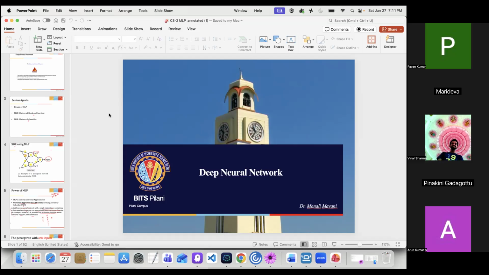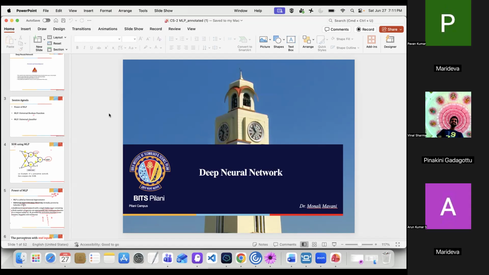In future classes we'll talk about how a deep neural network extracts the features itself. For machine learning, we need to extract the features and train it, but for a deep neural network we don't need to do that. Also, deep neural networks need a lot of data: if ML needs millions of records, we need tens or hundreds of millions, or billions.